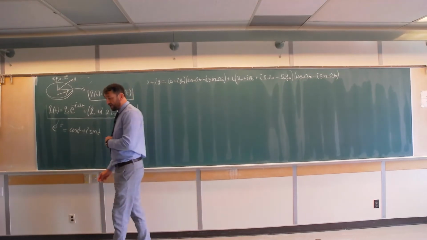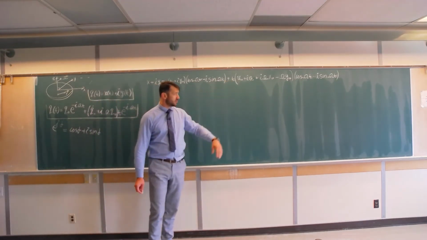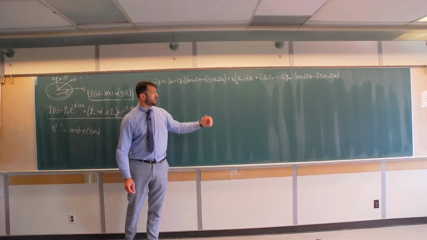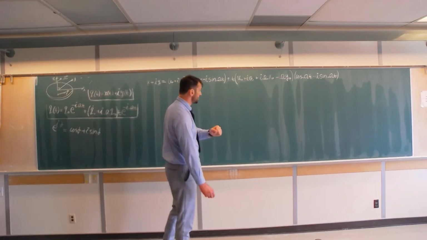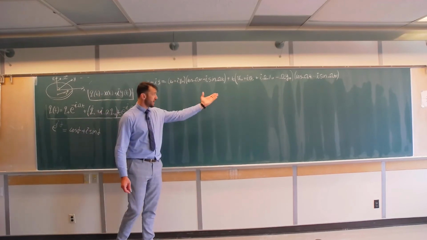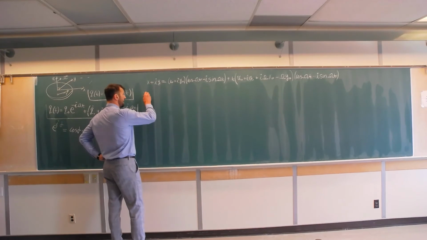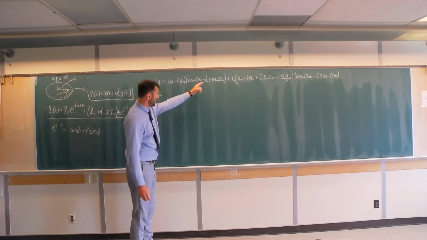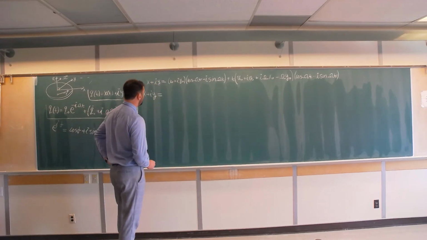Now, perhaps some of you watching this think, okay, now there is some trick to make this look nicer. There is no trick. You have to multiply these things. As Richard Feynman said in his second book on physics, sometimes you just have to do it. There are no tricks. You have to do the work. And the work is the following. x plus iy is equal, multiply these. Let's see.